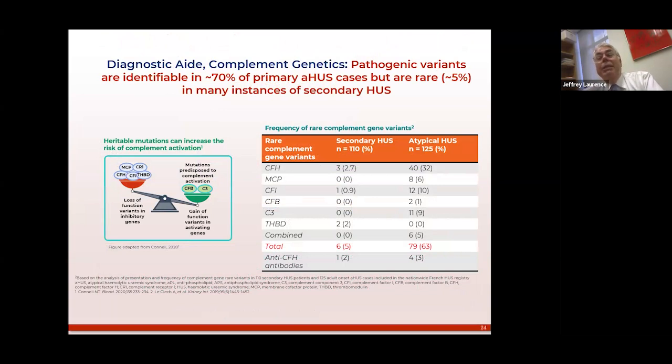Now, it could be that we're not smart enough, and it's not in the literature of all the things that can affect complement regulation. Recent studies presented at ASH, one of them has just been published, looked at so-called VUSs, variants of uncertain significance, where you identify what is considered a polymorphism because it's in the normal population, say 5 or 6% of the time, the particular polymorphism you found in a complement regulatory protein.